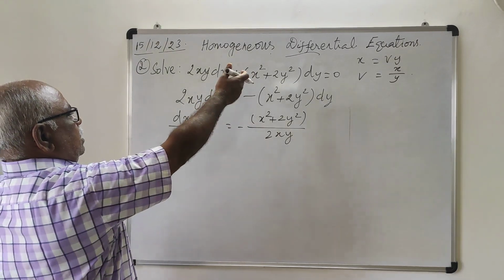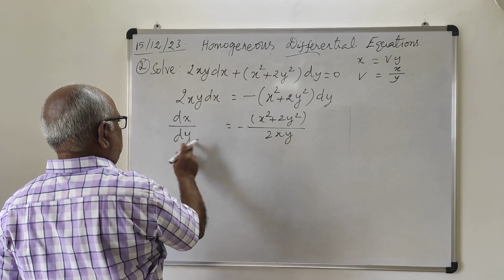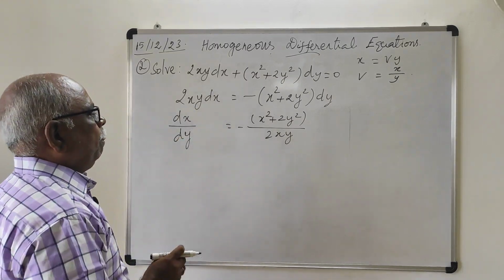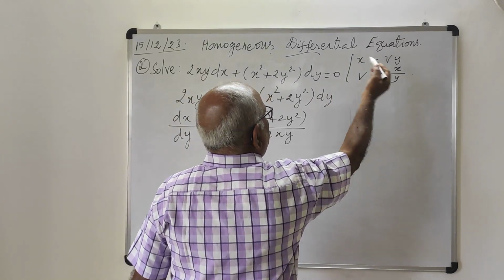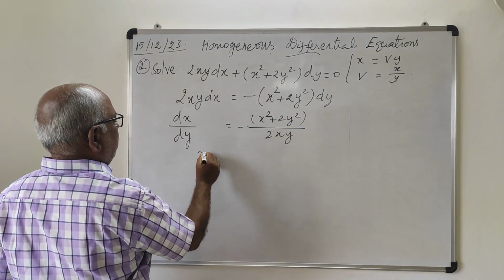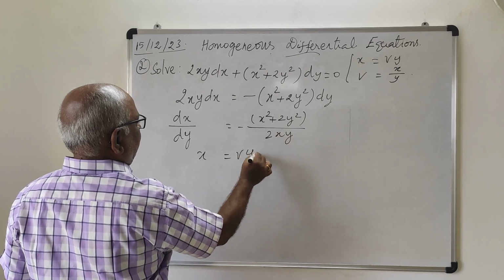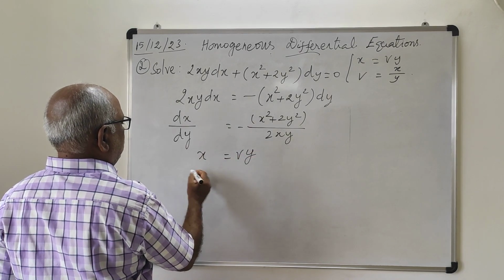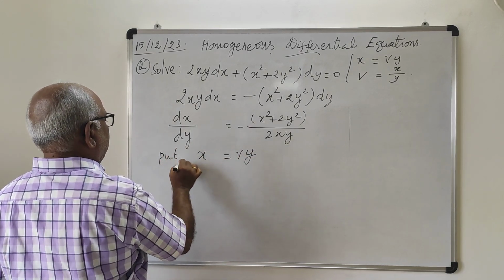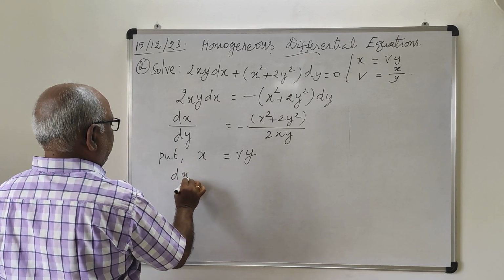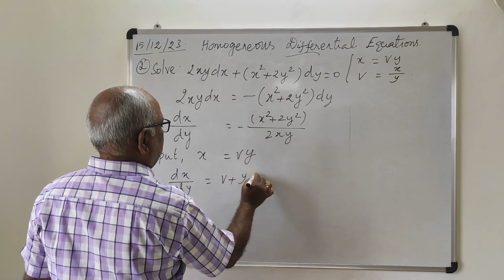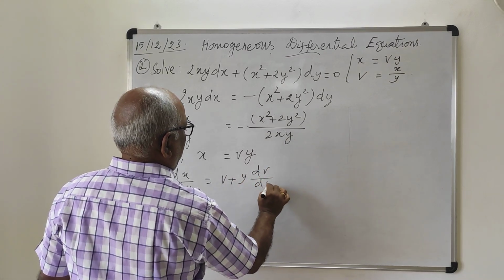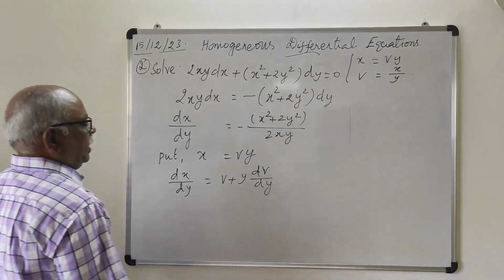So the problem reduces into the form of dx by dy, and you substitute x equal to vy. If you substitute x equal to vy, dx by dy equals v plus y dv by dy.